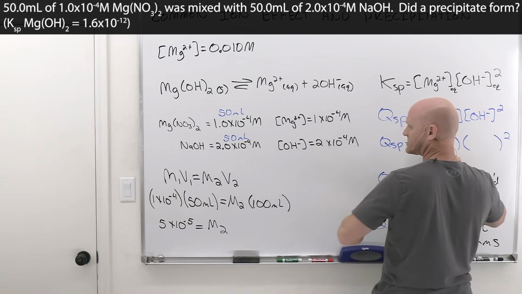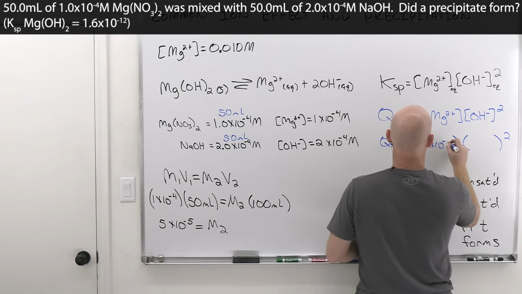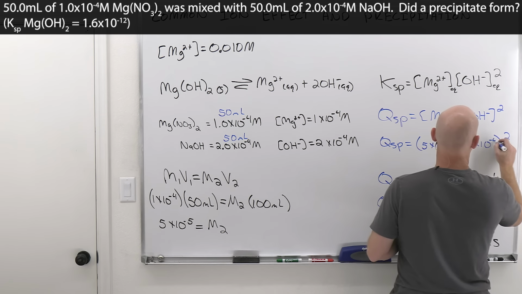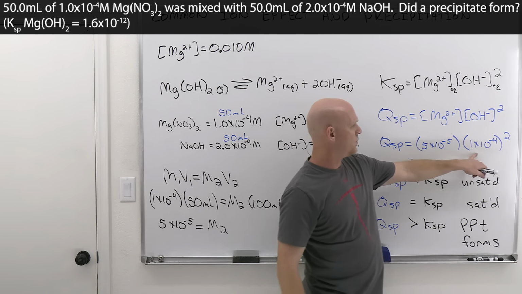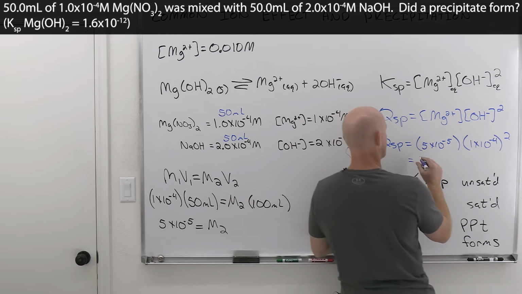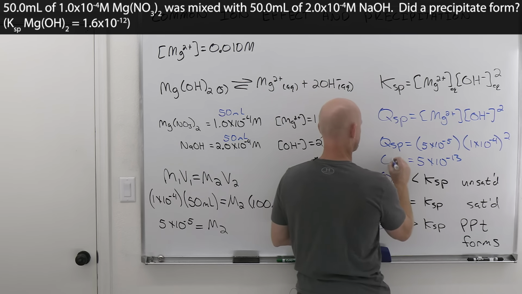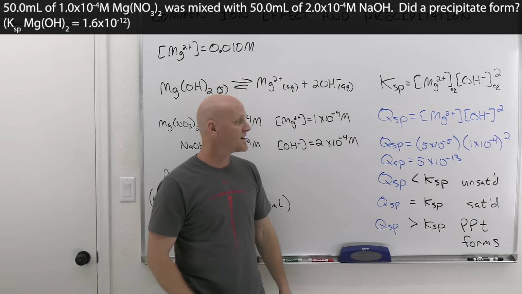And so our magnesium concentration in the solution after mixing is 5 times 10 to the negative 5 molar. And for the hydroxide, 1 times 10 to the negative 4 molar. And if we multiply these out, we're now going to get 1 times 10 to the negative 8 times 5 times 10 to the negative 5. And that's going to get us 5 times 10 to the negative 13 for Qsp. And again, Ksp is still 1.6 times 10 to the negative 12.